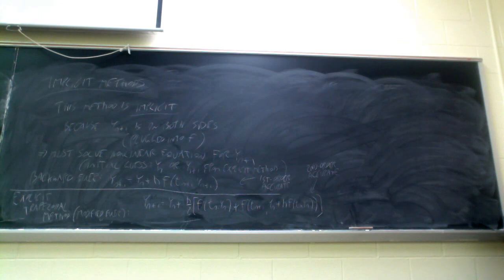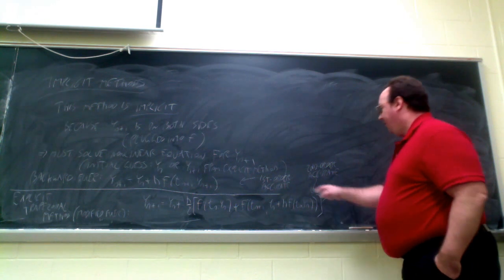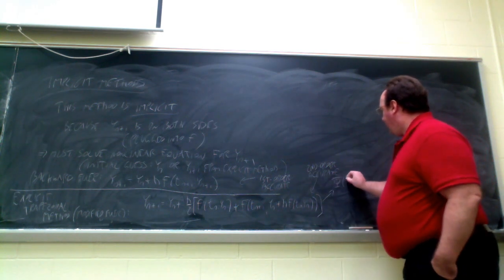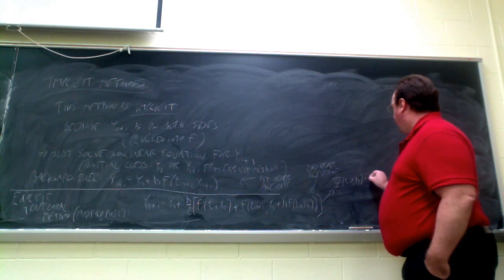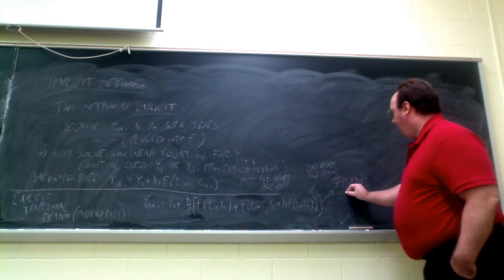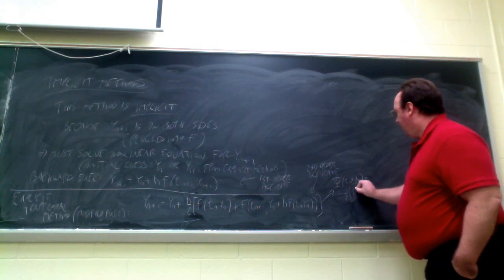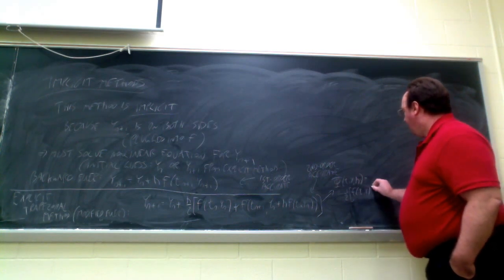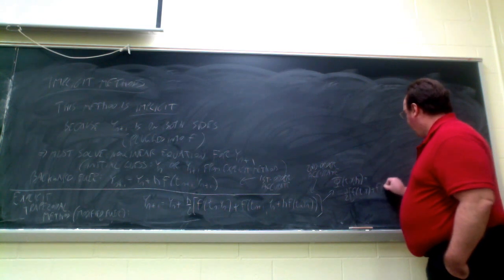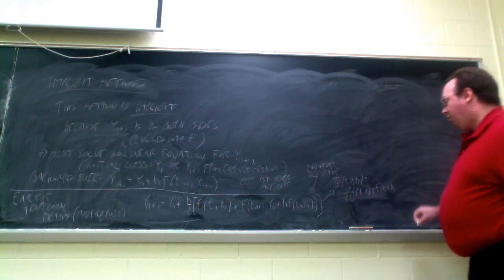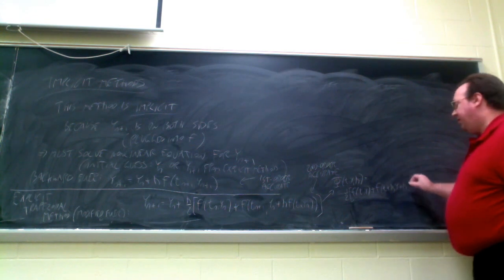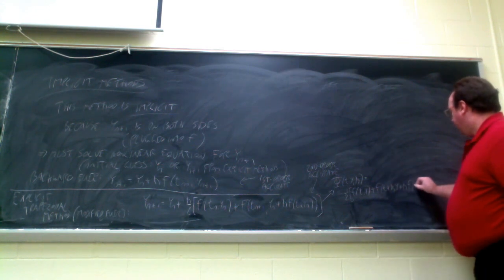And to resolve how I got thrown off earlier when I was dealing with a phi function for the implicit version of the trapezoidal method, for this method, phi of t, y, h is equal to 1/2 f of t, y plus f of t plus h, y plus h f of t, y.